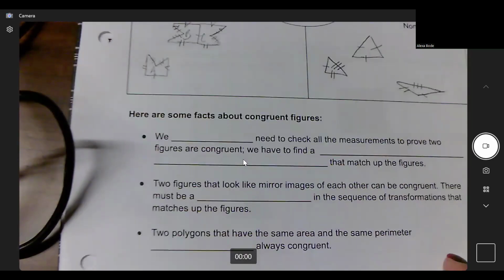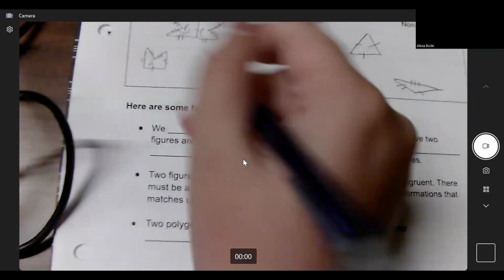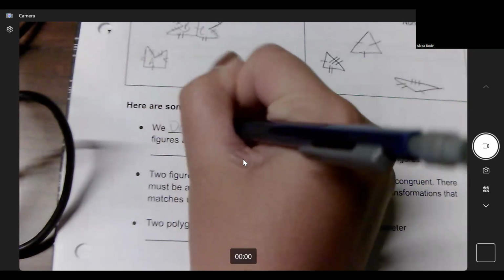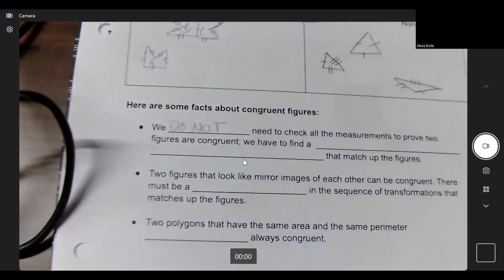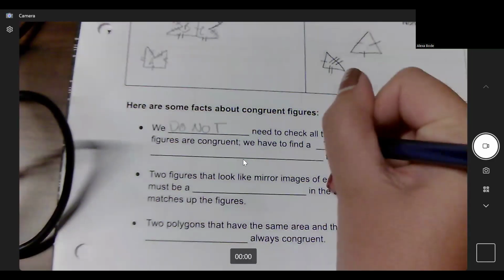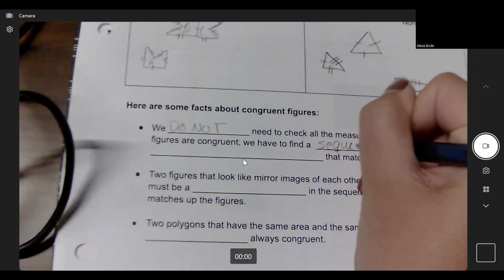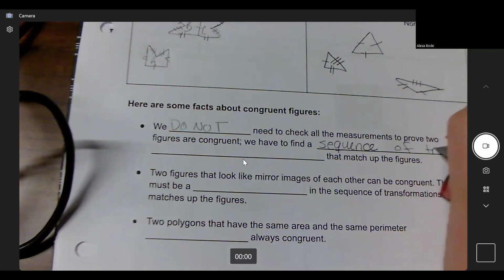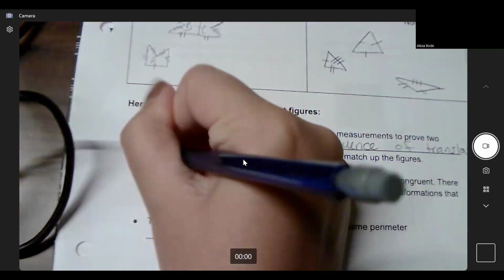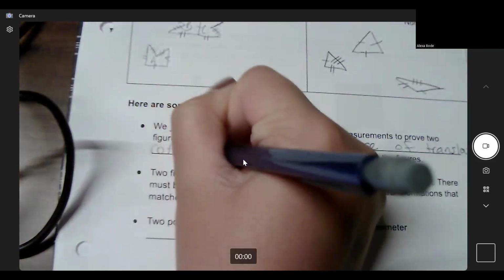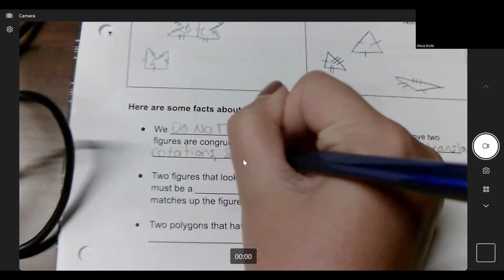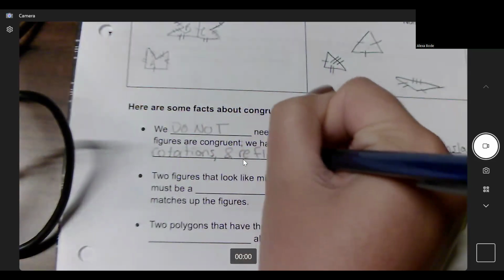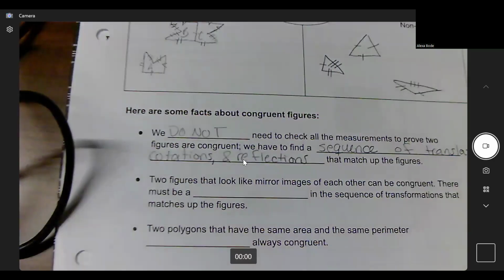Okay, so here are some additional facts about congruent figures. We do not need to check all the measurements to prove two figures are congruent. We have to find a sequence of translations, rotations, and reflections that match up the figure.